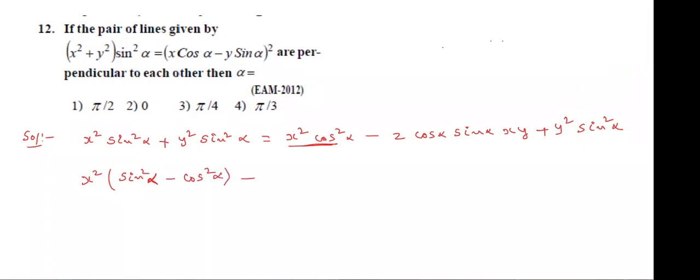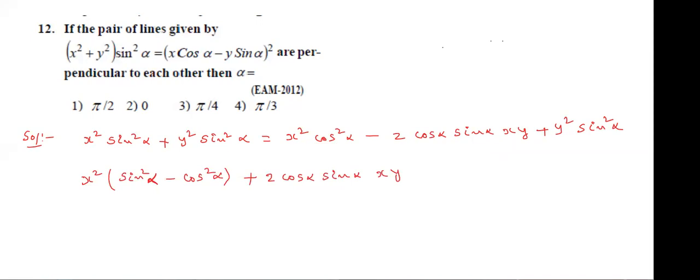Plus the y square term. Before going to y, observe this: when this term is sent to the left hand side, we get plus 2 cos alpha sin alpha into xy. Okay, so two terms are completed.